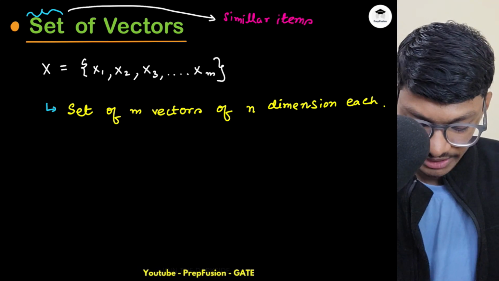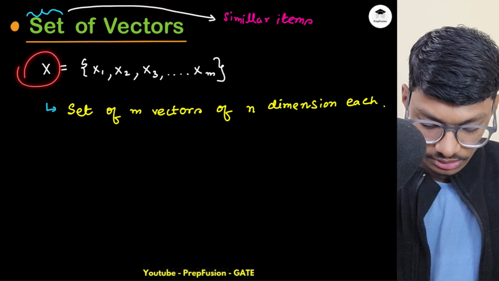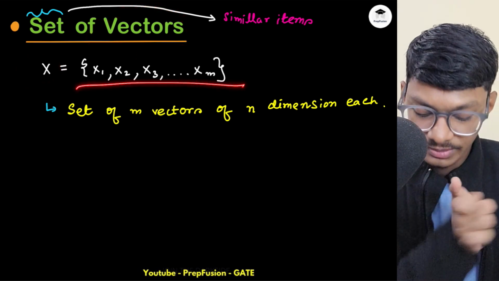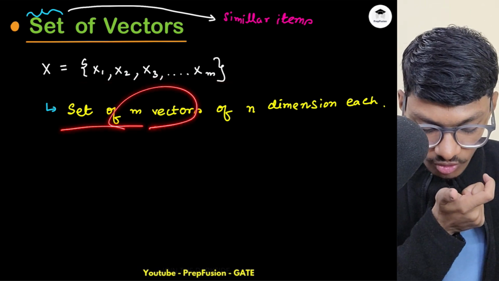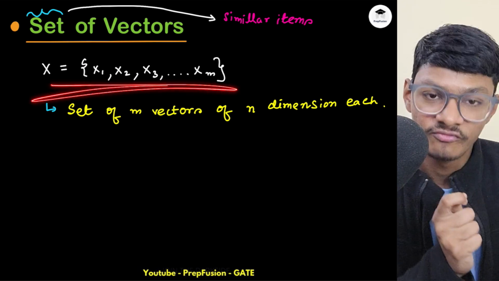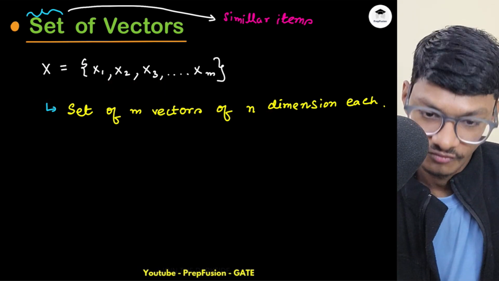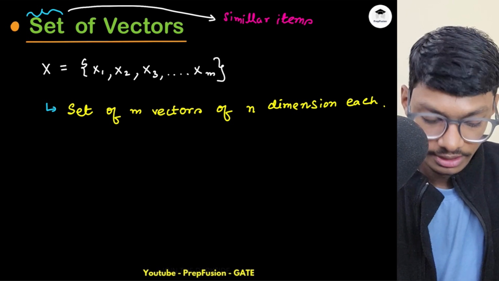Set means similar items. So a set of vectors means a set of similar vectors. So X is a set of m vectors of n dimension each. Each vector has n dimensions and we have total m vectors. So how can I write our X vectors here?